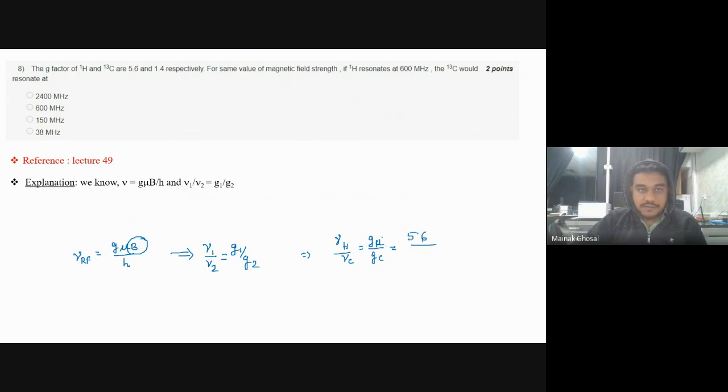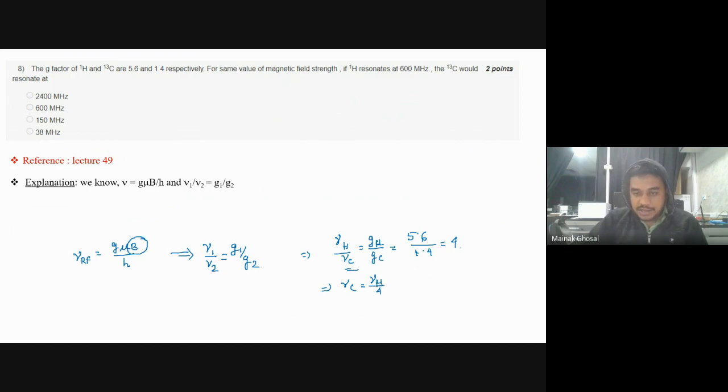What will be the value for carbon? This is 1.4. So the ratio will come to 4, right? Oh sorry, you have to find for carbon. So you just take it opposite, that will be nu carbon equals nu hydrogen by 4.